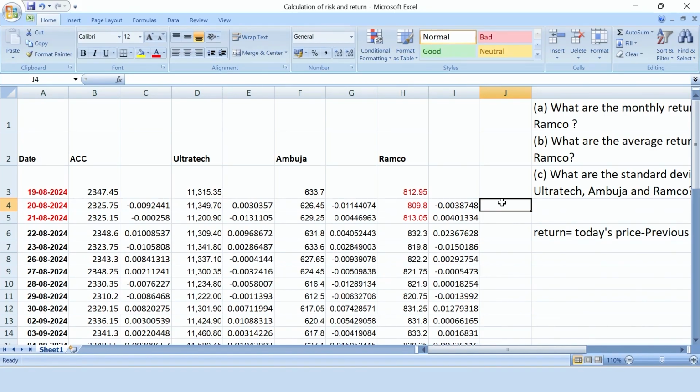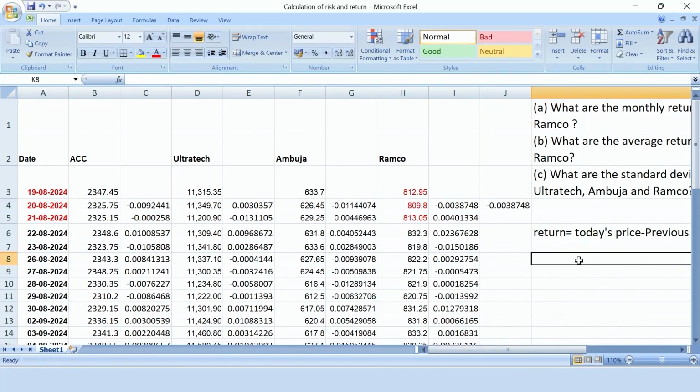We simply write the equal to sign, then put a bracket with the help of shift and bracket, then today's price minus previous day's price, bracket close, divided by previous day's price, enter. So we will get this value.